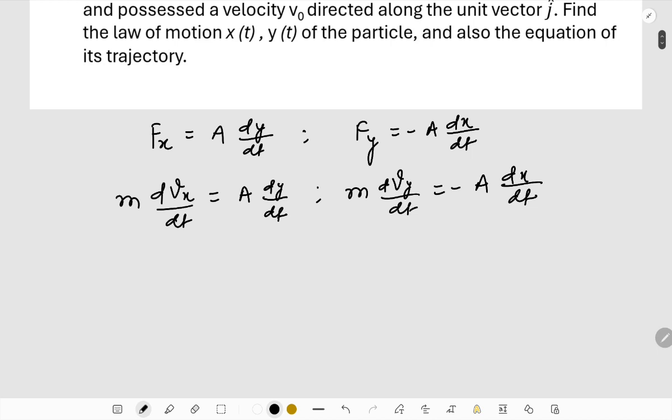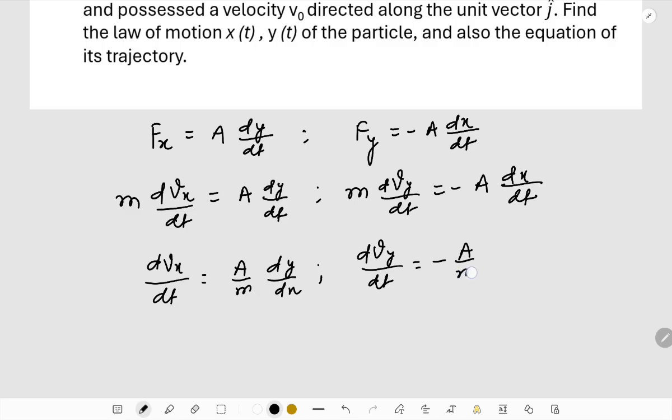But these kinds of equations are something else. I would like to write one more step first, and that is dvx by dt equals a by m dy by dt, and dvy by dt equals minus a by m dx by dt.